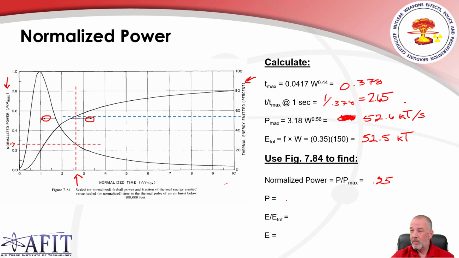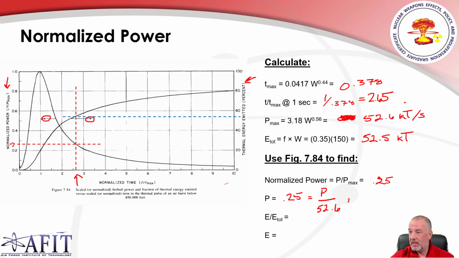So we have 0.25 is going to be equal to some P over, we know what our P max is. Okay.